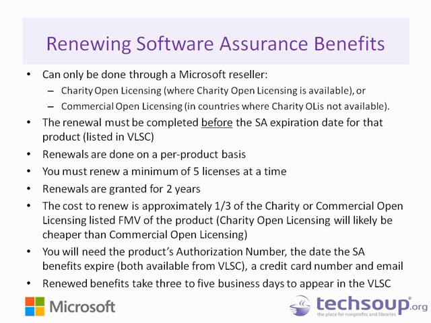Benefits can only be renewed through a Microsoft reseller. In the United States, we have charity open licensing, and in other countries sometimes that's not available, so organizations would go through commercial open licensing resellers. But in the United States, we would use a charity open licensing reseller, and a list of those can be found on the Microsoft website, and I'll get you a link for that in a moment.